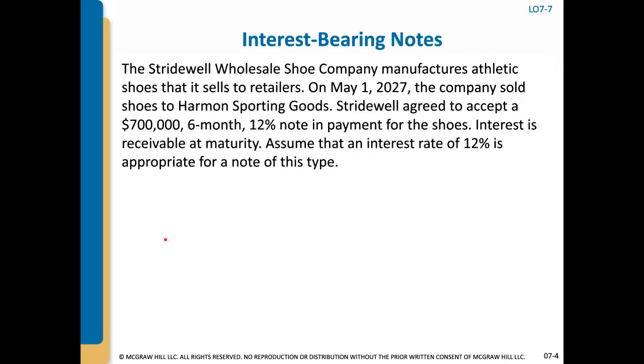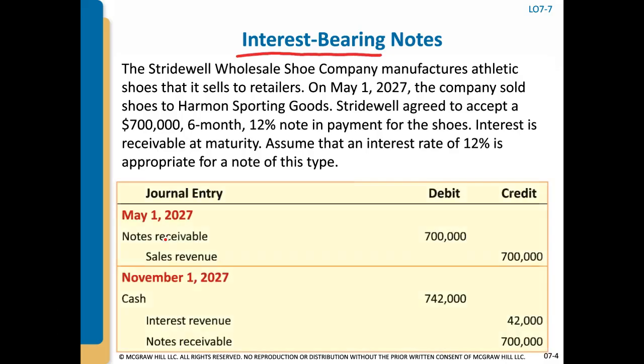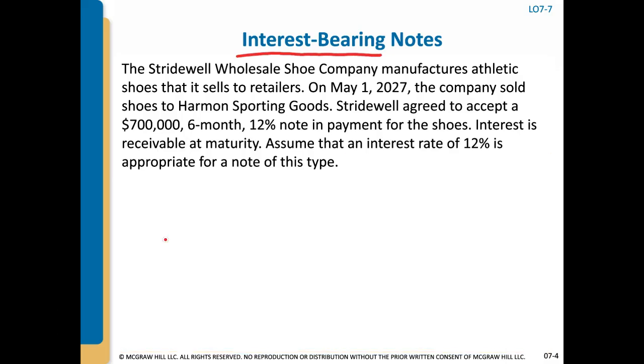Let's go through an example for the interest-bearing note. It's important to know if you're working with an interest-bearing note or a non-interest-bearing note. These are all interest-bearing. Stridewell Wholesale Shoe Company manufactures athletic shoes. On May 1st, 2027, the company sold shoes to Harmon Sporting Goods.